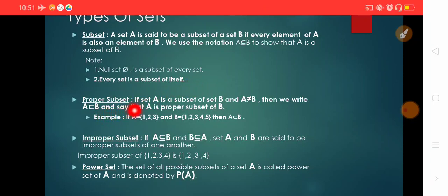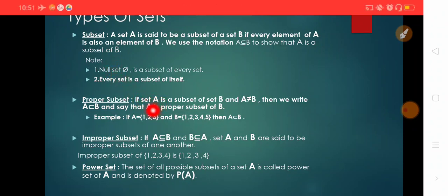Now the second property: subset is further divided into proper subset. Basically, proper subset is a part of subset.